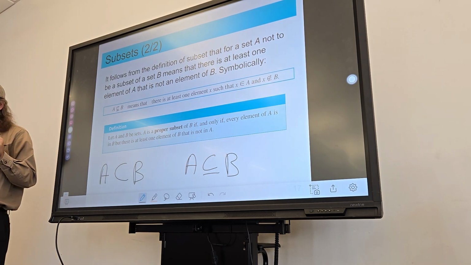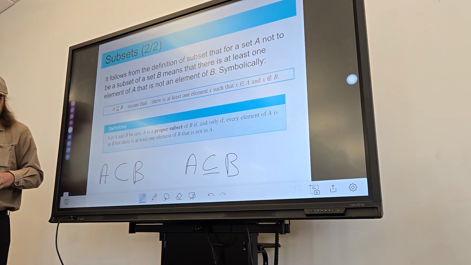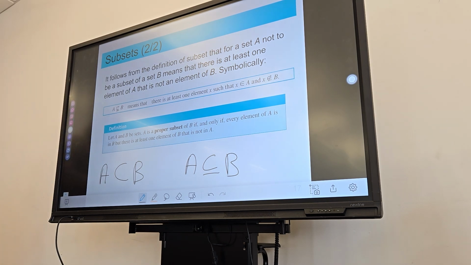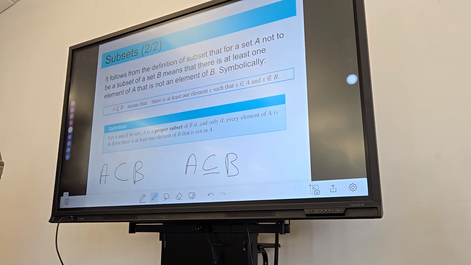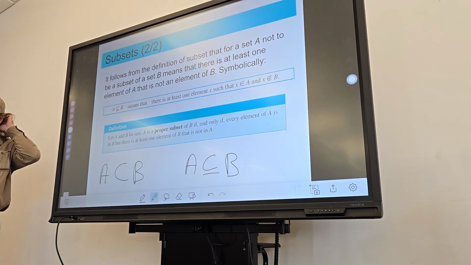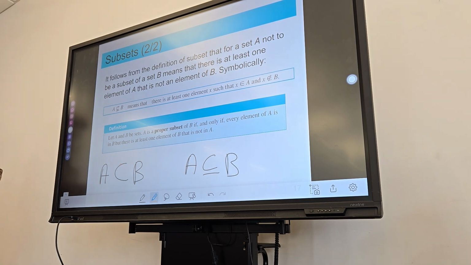You see the slight difference in symbols? I've gone through these slides and I haven't seen them use this symbol at any point yet. But it's good to know that that means a proper subset, so that there is an element of B that is not in A.